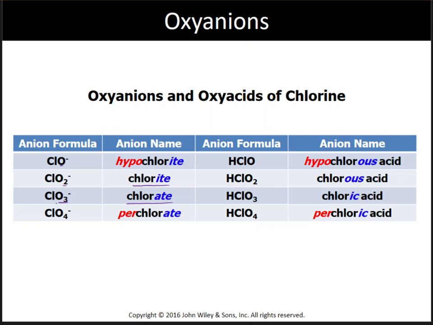So we take chlorate as a base. One oxygen more than chlorate, you get perchlorate. One oxygen less than chlorate is going to be the chlorite ion, and one oxygen less than chlorite becomes a hypochlorite.